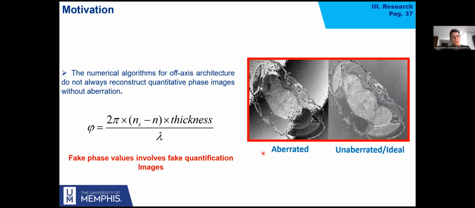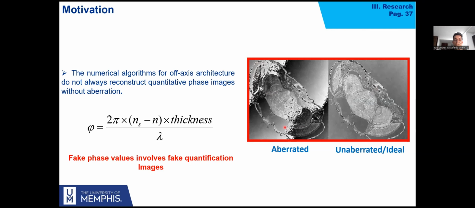The motivation is that in some cases, the conventional algorithms don't allow obtaining phase information free of aberrations, or in some cases demand high computational time. So the global idea behind this work is the implementation of a cost function in order to minimize the cost function to obtain phase information free of aberrations.